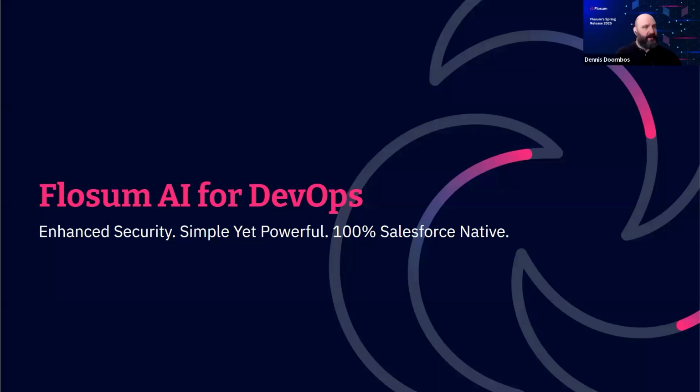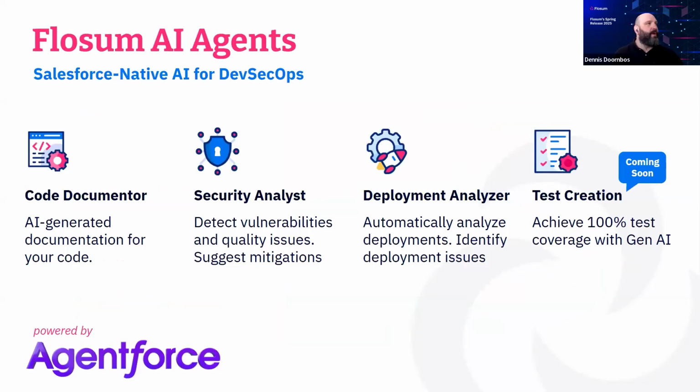So I just want to talk briefly about what we're going to demo, and then why we built it on Agentforce, and then I'll jump into a demo. For today, we have 3 different AI powered agents that we're going to demo, and a 4th one is in the process. For the first one, we do code documentation. We use AI generated code documentation. We'll cover what it does and how it does it.